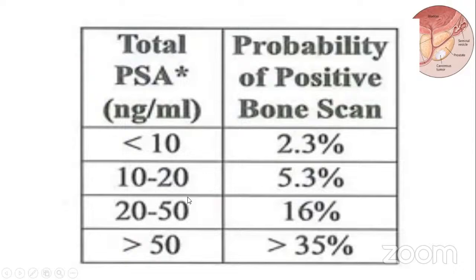If 20 to 50, that's the total PSA, it is 16%. If the total is more than 50, the probability of a positive bone scan is more than 35%.